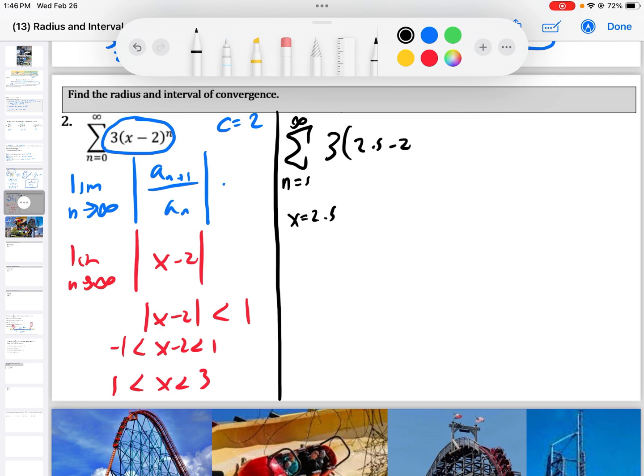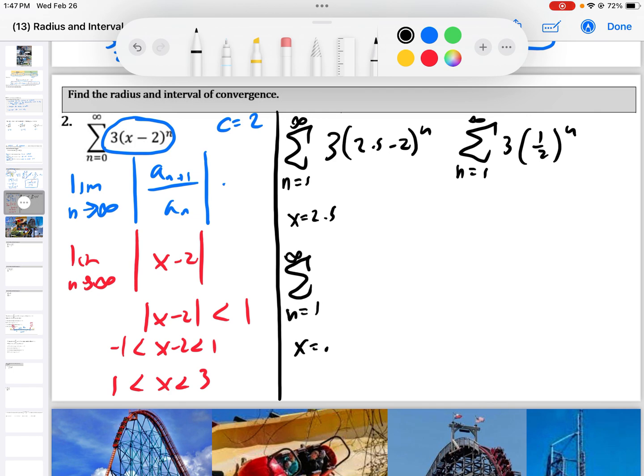If x is 2.5, I would get the series 3 times (2.5 minus 2) to the nth power, which is just a geometric series with r less than 1, so this converges. And the absolute value converges, so it converges absolutely.